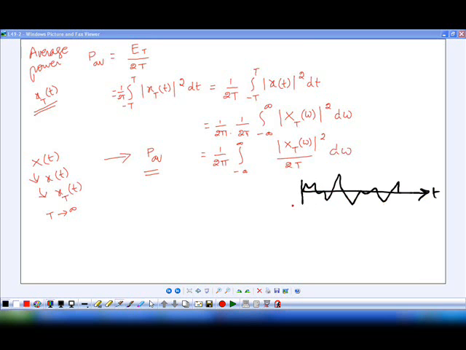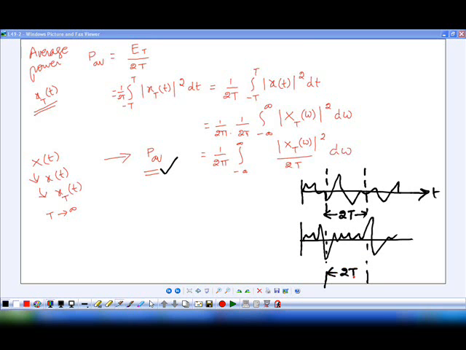So let this be one sample function. Here we consider the path of this particular sample function over the interval 2T, minus T to plus T. Over this interval we obtain the P average, the average power of this particular sample function over the interval minus T to plus T. Now if you consider another sample function, over the same interval, if you find the average, the P average of this particular function is this, and the P average of this is this.